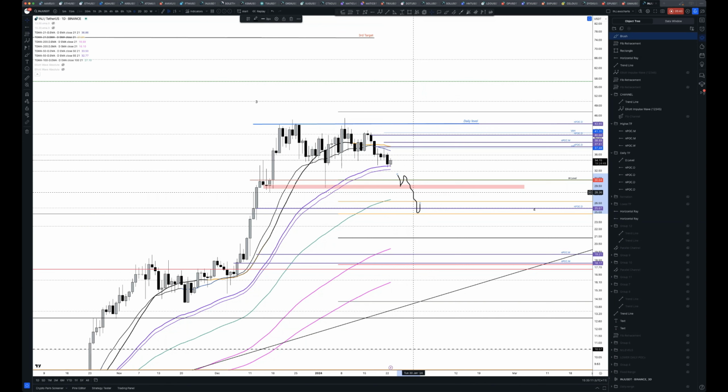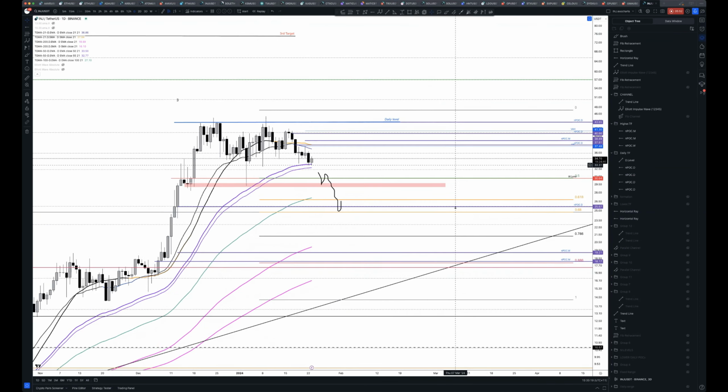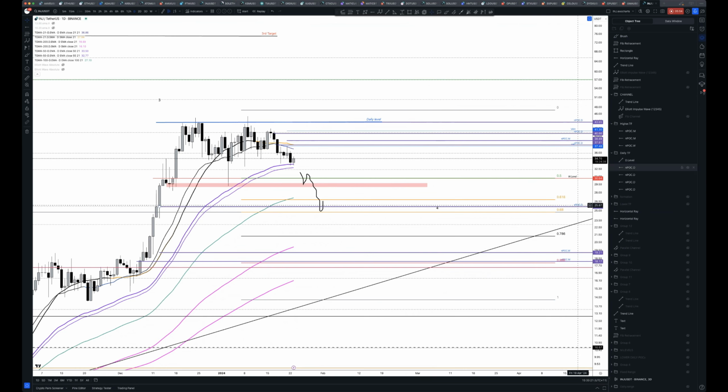The 100 moving average is not really a powerful level, so I'm looking at the Fibonacci with the 0.618, this with the naked point of control and the fair value gap. This makes good sense that this price might just come down.